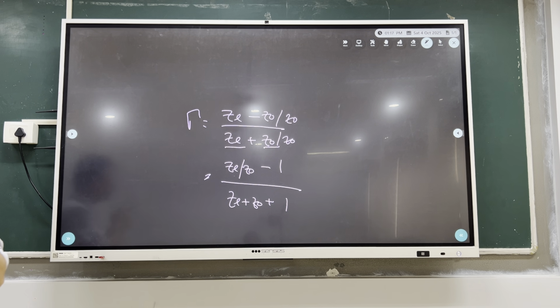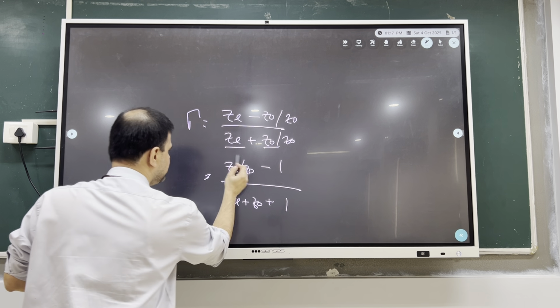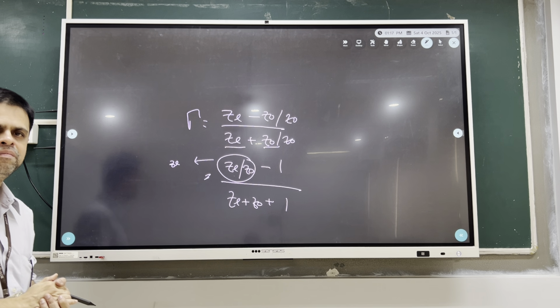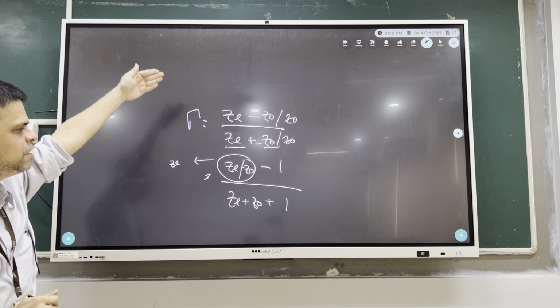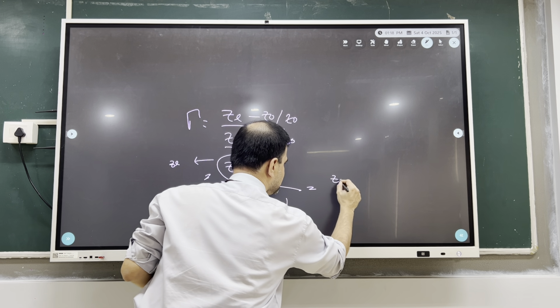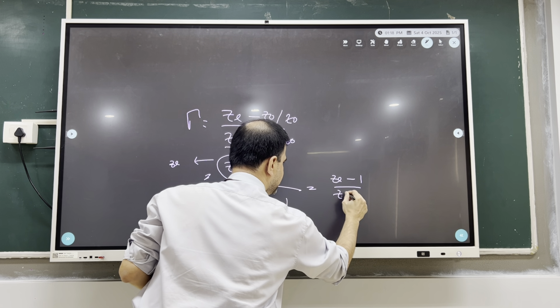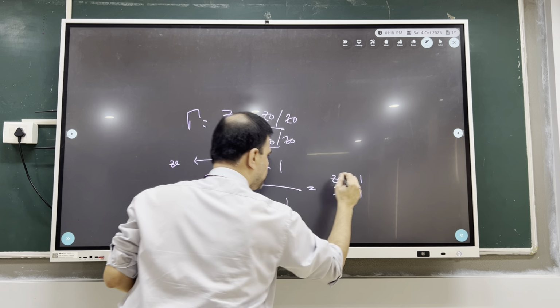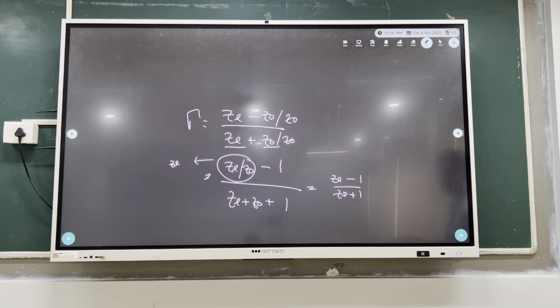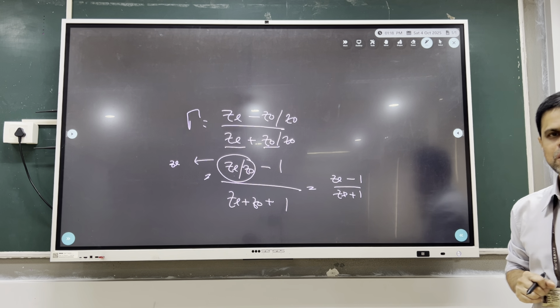So this is the normalization process we have applied. This term ZL upon Z0 we call small zL, which was there in the earlier equation. So I will rewrite this equation as small zL minus 1 upon small zL plus 1. This is the reflection coefficient equation with respect to the normalization.